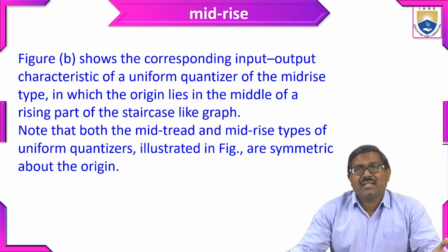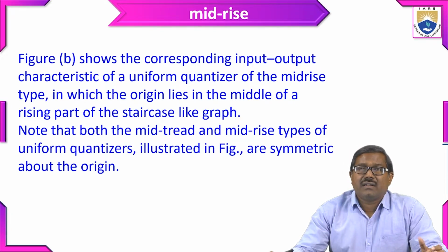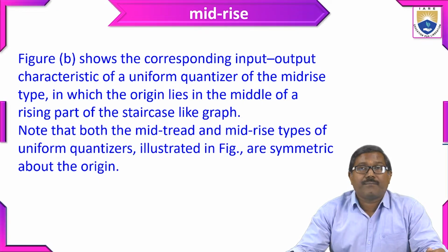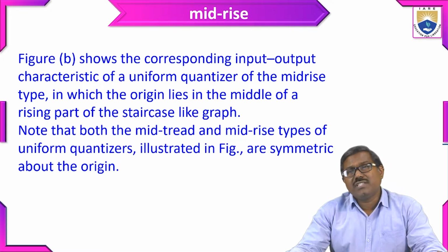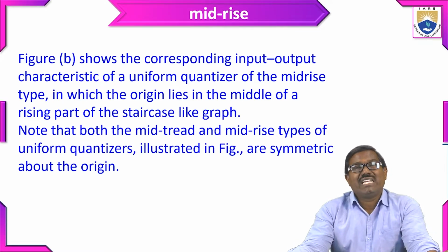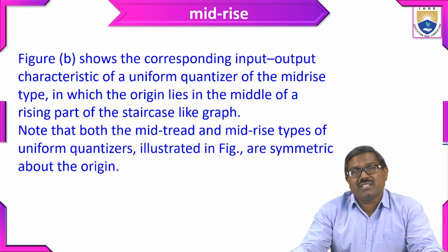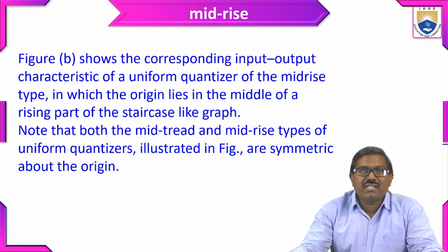The uniform quantizer has a drawback: it cannot be used for speech signals. Why? In a speech signal, some passages are loud and some are low, meaning weak passages. The weak passages have low amplitude levels, whereas loud passages have high voltages.